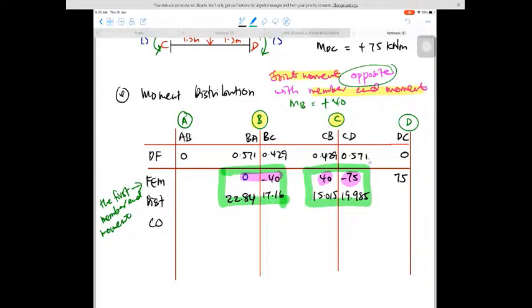So we have settled the first part in the analysis. The next step after distribution: remember in the table we only do two things. We distribute and we carry over the value. In the distribution step, we distribute the joint moment using the distribution factor, and after that we have to carry over the value.